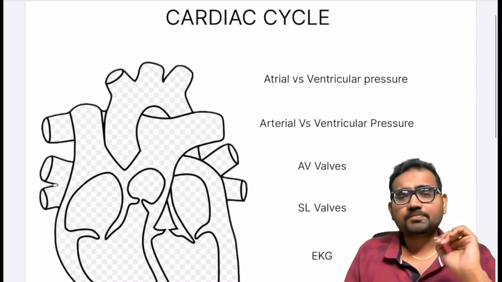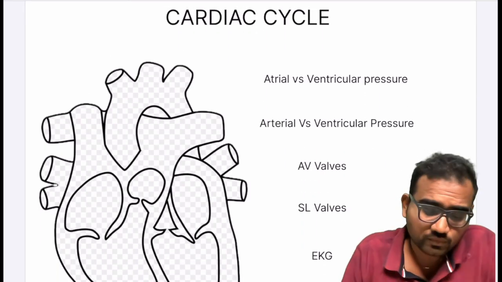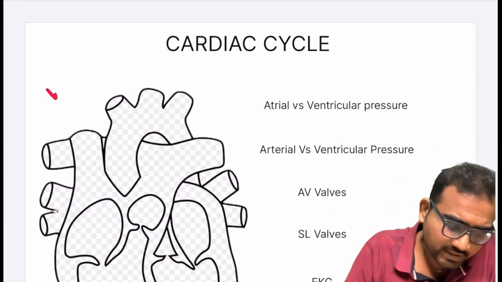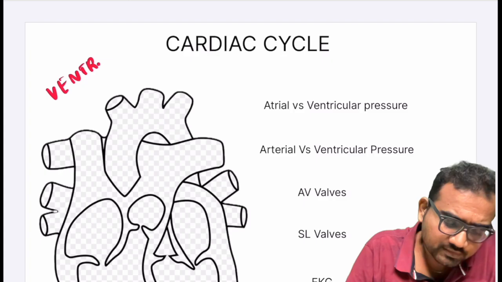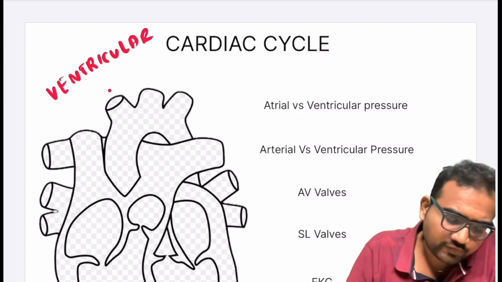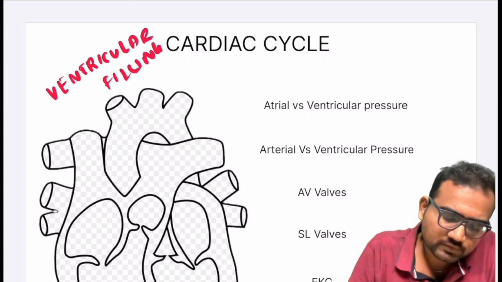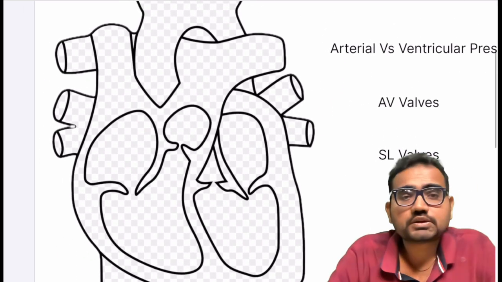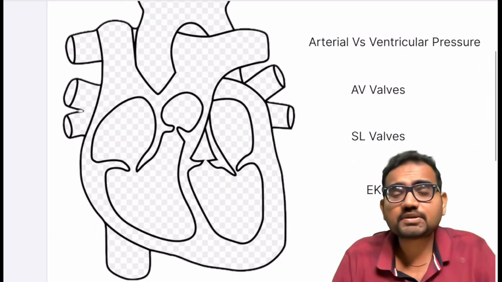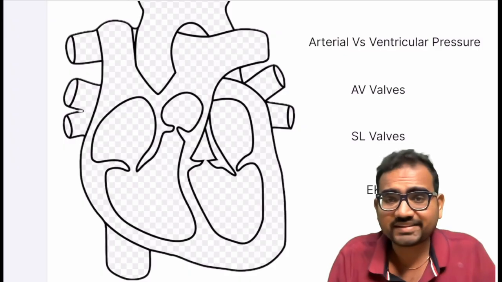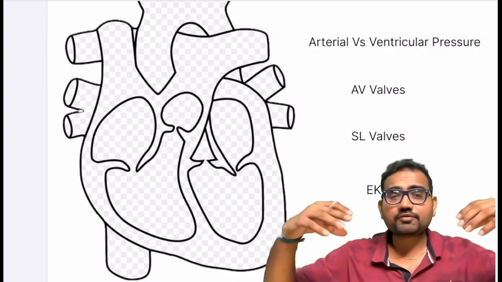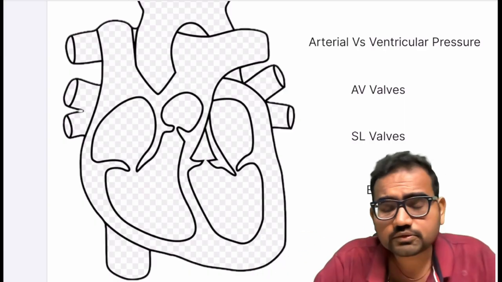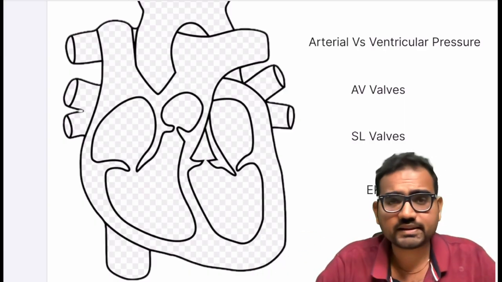So the first phase of the cardiac cycle, what I'm going to call, is the ventricular filling. So what happens? The right atrium and the left atrium receive the blood from various parts of the body through the inferior and superior vena cava and the pulmonary veins.